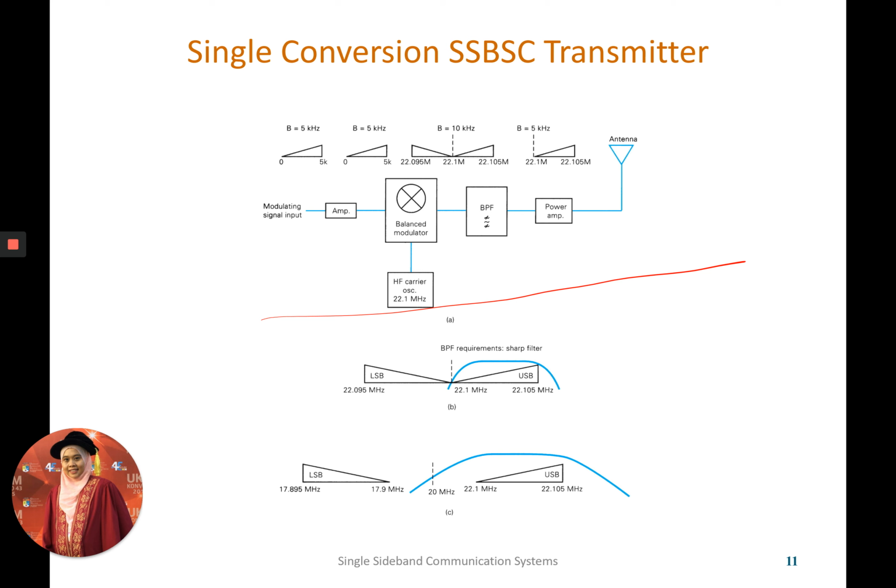Okay, so here we use a BPF, band pass filter, to separate the lower sideband and also the upper sideband. So this is the transmitter that uses band pass filters.